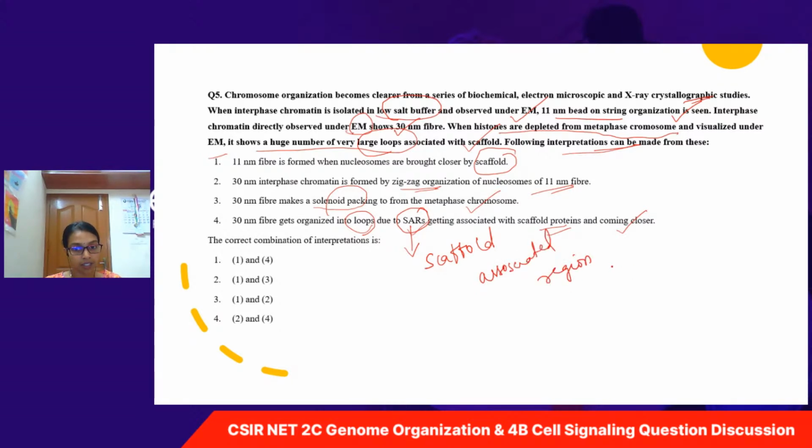Where is it present? It is present in your chromatin, where these scaffold proteins will go and bind. So they will have a specific location where they will be bound.